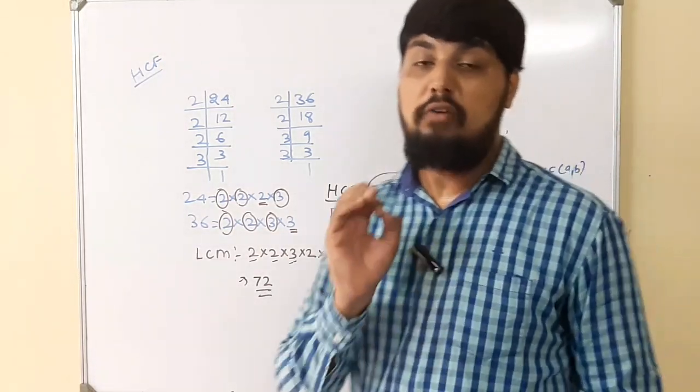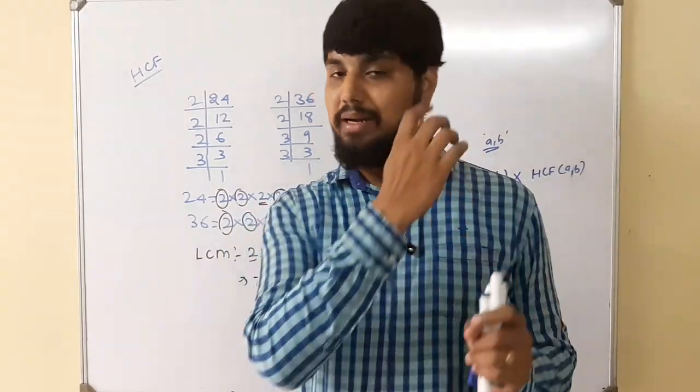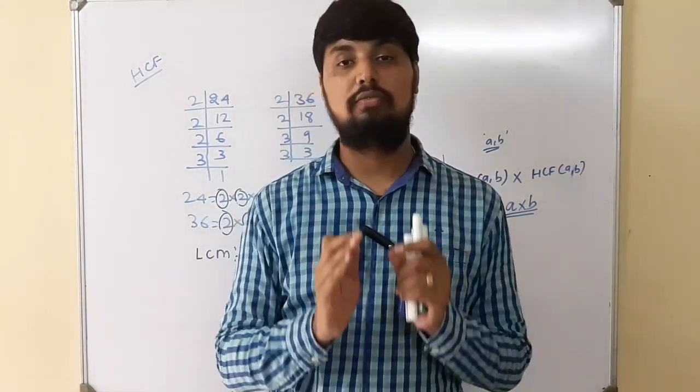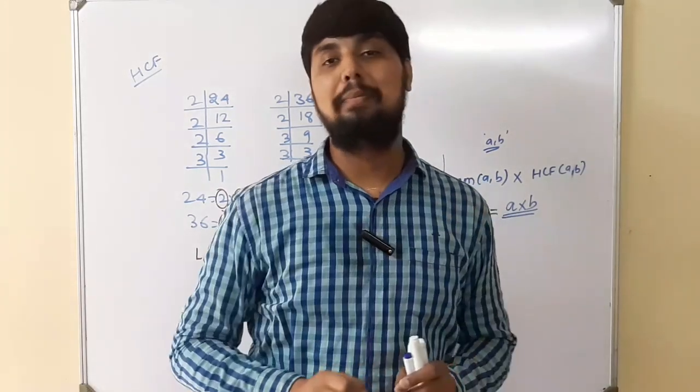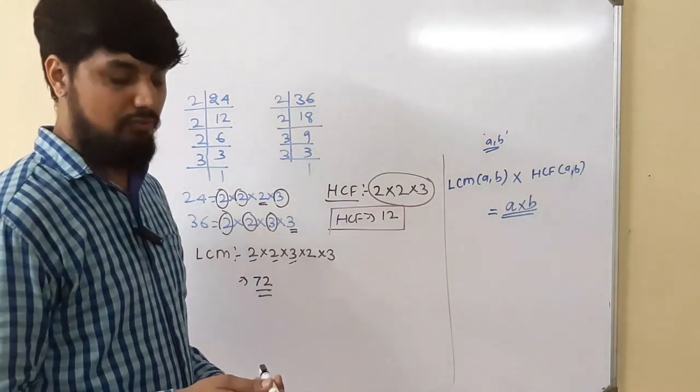The LCM of two numbers multiplied with the HCF of the two numbers is always equal to the product of the two numbers whose LCM and HCF we have calculated. Now let's cross check whether this theorem works or not.